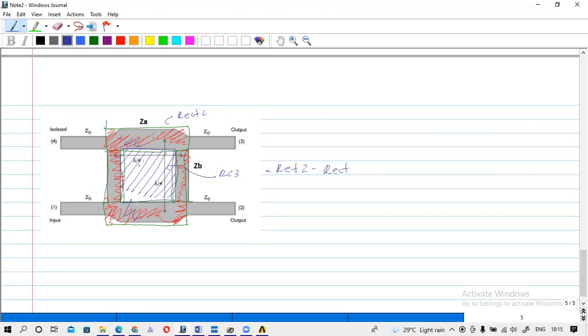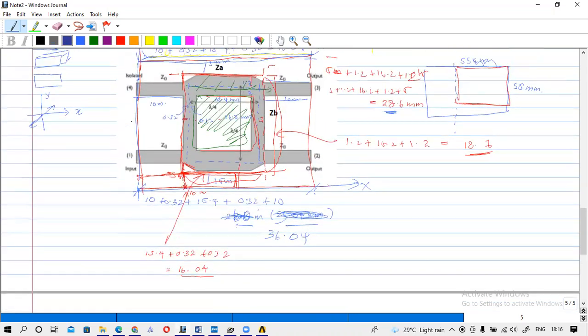So to subtract, what do you have to do? You have to find this position. This is the starting position of the rectangle. Then you can give the length. So the length should be this one and this one. What are the lengths? You can calculate those.